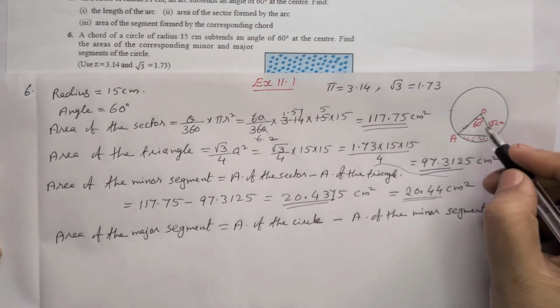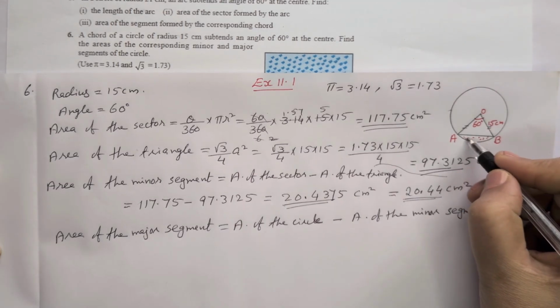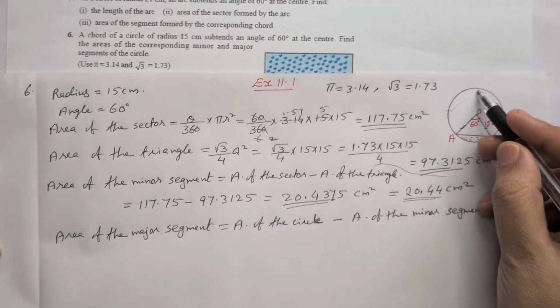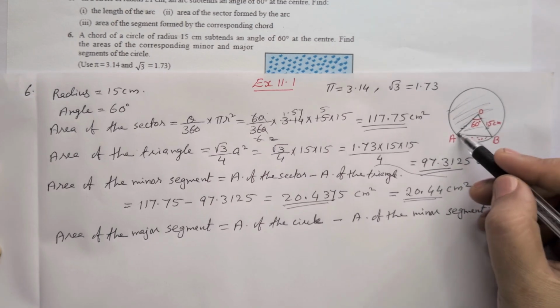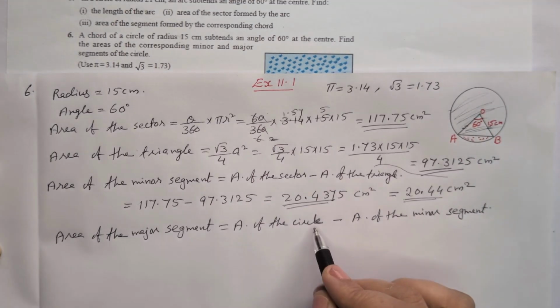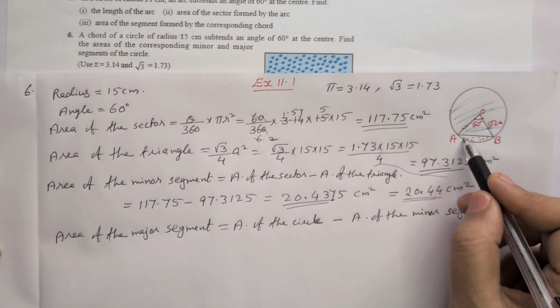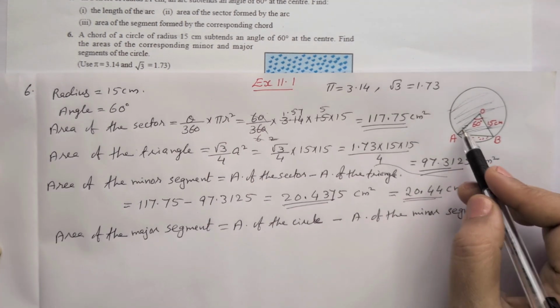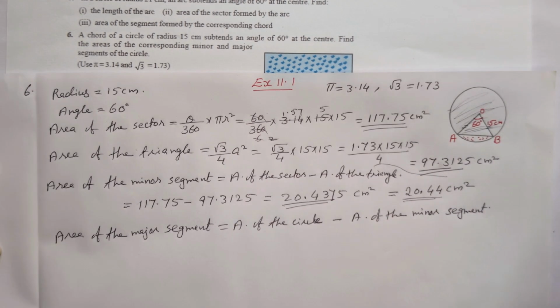Area of the major segment means except this minor segment, remaining parts all, including the triangle, everything. That's why we are taking the full circle. Area of the circle minus the minor segment only, the remaining part all, that's the major segment.